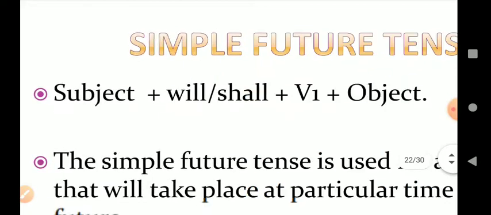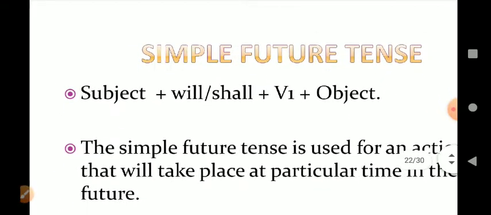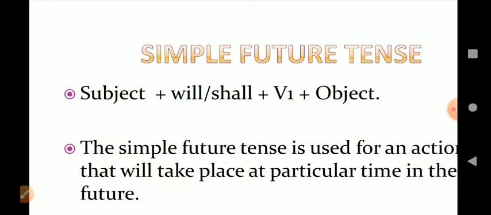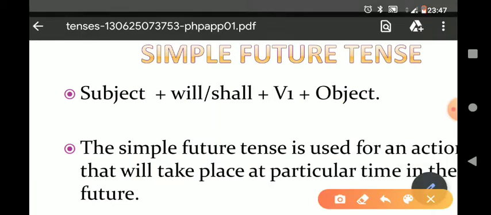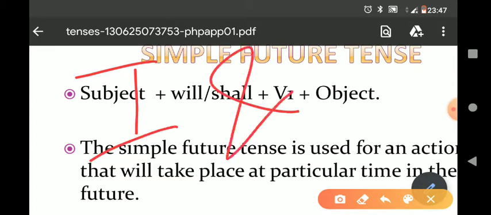Subject plus will/shall plus V1 plus object. This is the rule. Now where to use shall and will? You can use shall with I and we, and for the rest of the words you can use will. Although nowadays in the modern world we are using will only, shall also we can use with I and we.